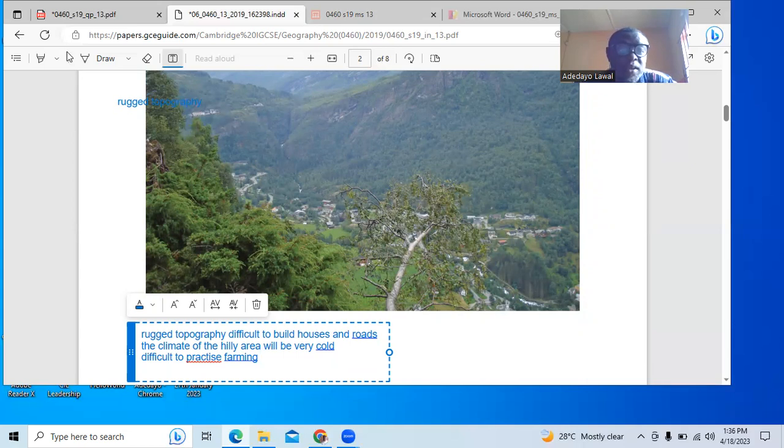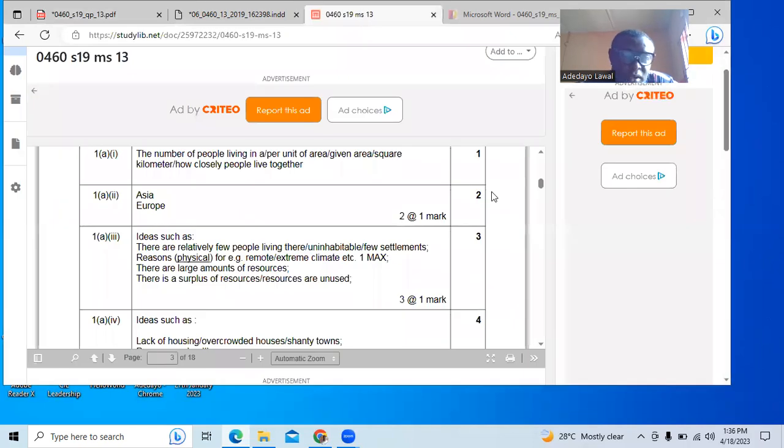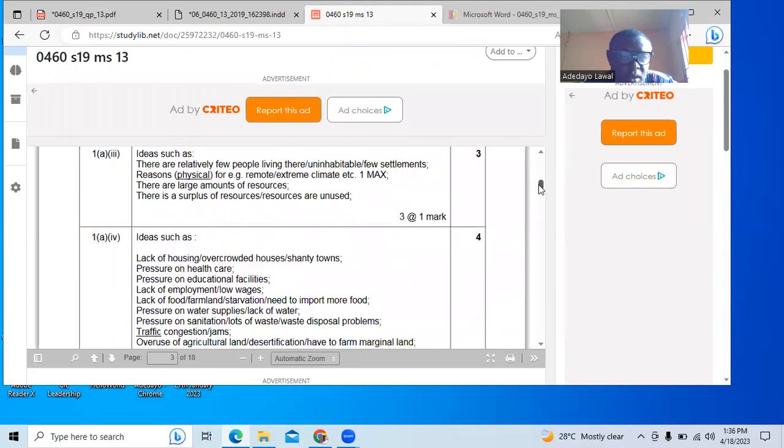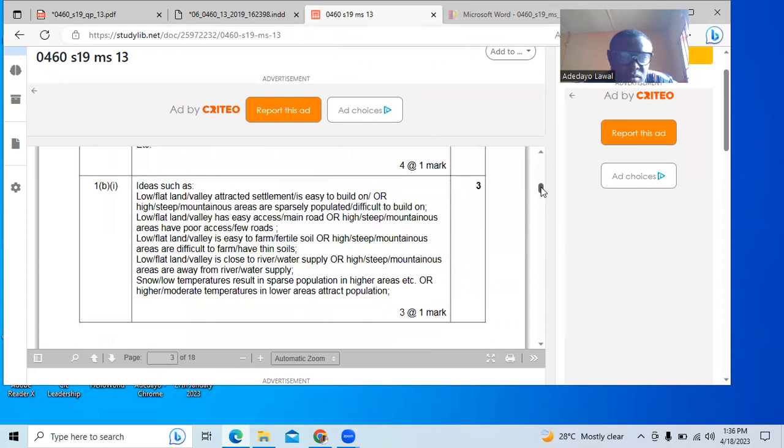So let's go back to the question. Let me check the mark scheme and see if something I didn't say is there. Valleys attracted settlement, easy to build on.